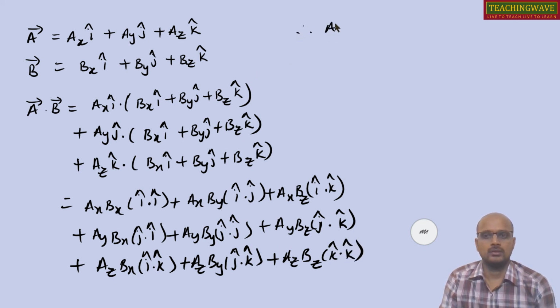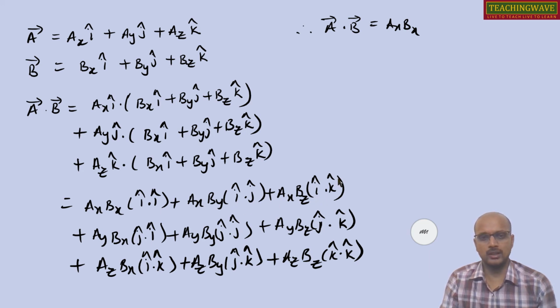Therefore, a bar dot b bar we can write as ax bx, where i cap dot i cap is 1 because of identical unit vectors. So i cap dot i cap, j cap dot j cap, k cap dot k cap value is 1, and i cap dot j cap is orthogonal vectors, so the angle between them is 90, so its value is 0.